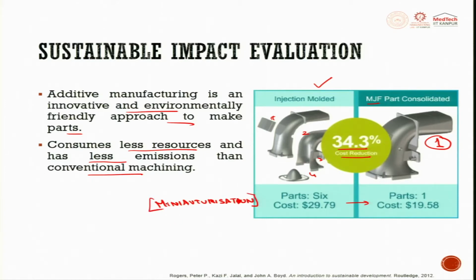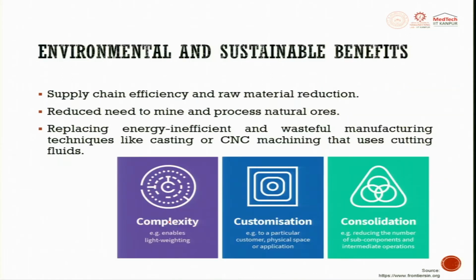Small components could also be produced, or the component could be produced in modules. Now, environmental sustainability: in additive manufacturing, machines are tiny and may be situated near any market, and it decreases the logistics of transferring products to any part of the world. So supply chain efficiency is always there.